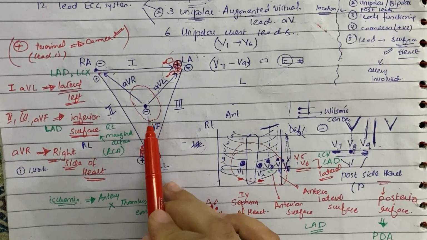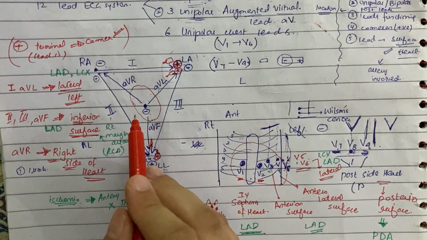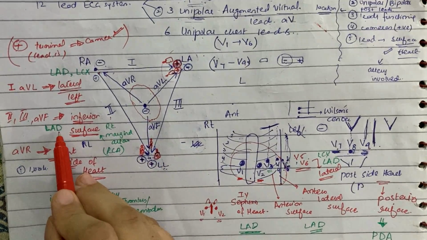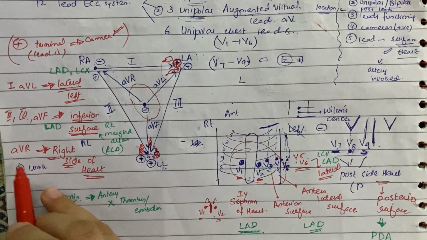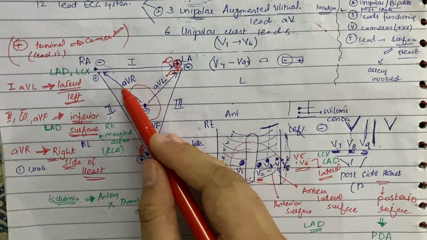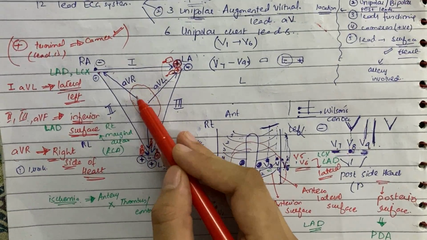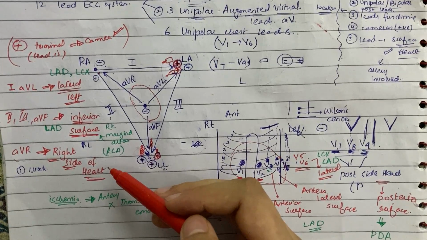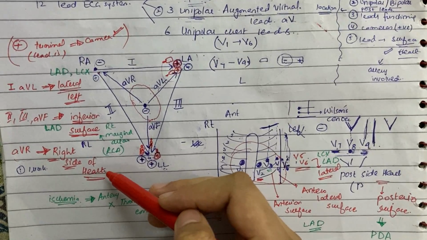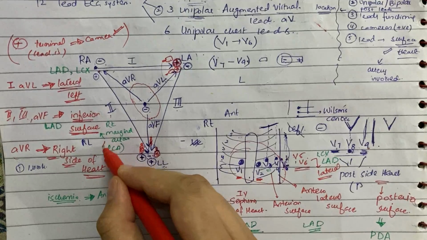This inferior surface, as we know, is supplied majorly by the left anterior descending artery. LAD is left anterior descending artery. AVR shows the right side of the heart, and this is majorly supplied by the right coronary artery, most particularly its branch, the right marginal artery.